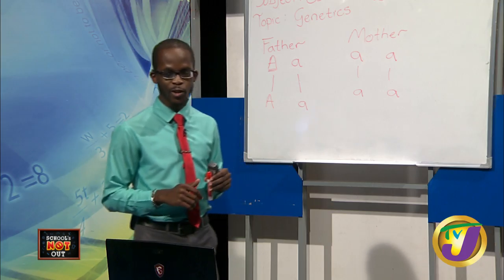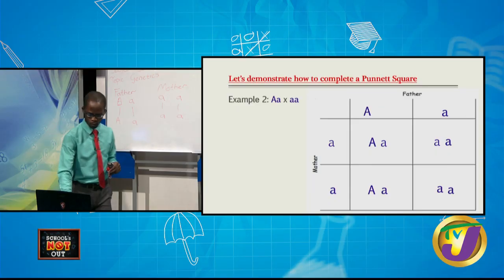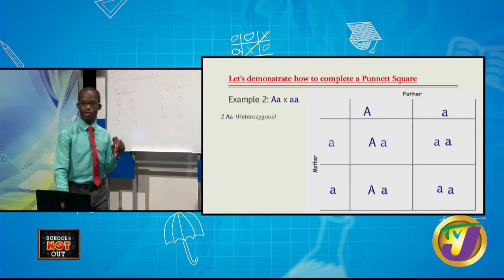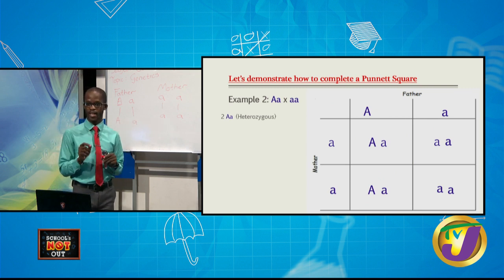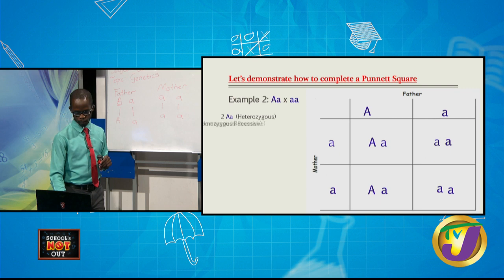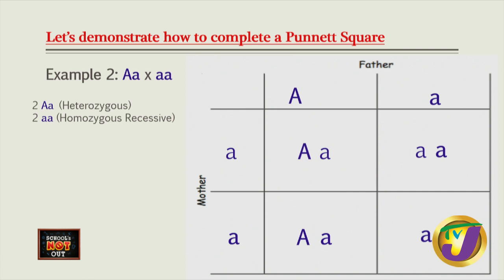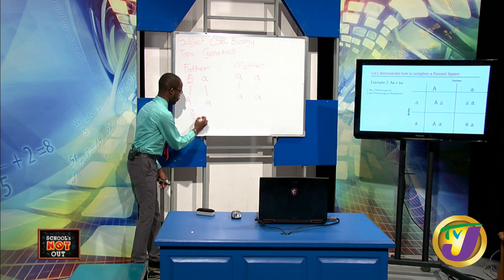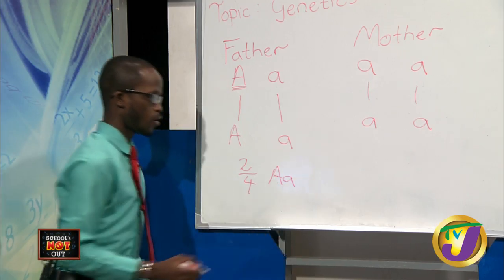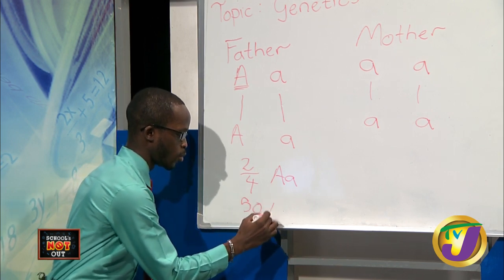Now, if we were to do the math, or show the probability, we have two capital A, lowercase a. So we have 2 heterozygous. We have 2 lowercase a, lowercase a's. If we were to do the probability, we have 2 over 4, and as a percentage, 50%.